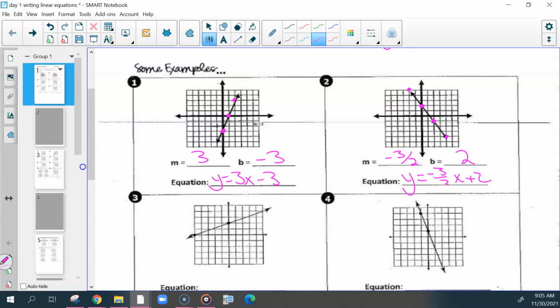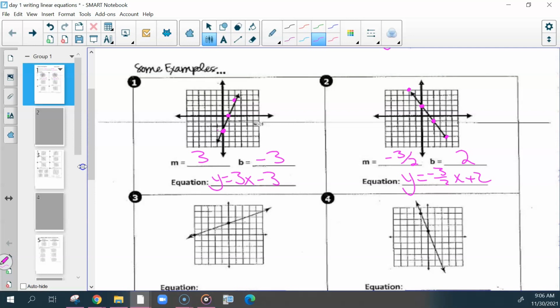So far, do we have any questions on how to write an equation from a graph? Yes, okay. For which one? The negative 3, the y-intercept? Mine might be a little off from yours, but there should be a point right here at negative 3 on the y-axis.